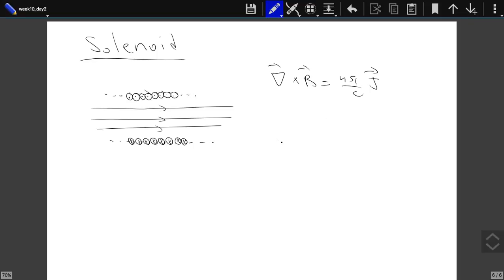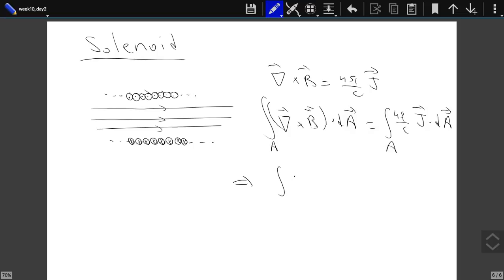The curl of B integrated over any area should be equal to 4π/c times the integral of J over that area. This implies that if you integrate the magnetic induction over any closed loop, which is the boundary of this area, it will be equal to 4π/c times the integral of the current density over that area.